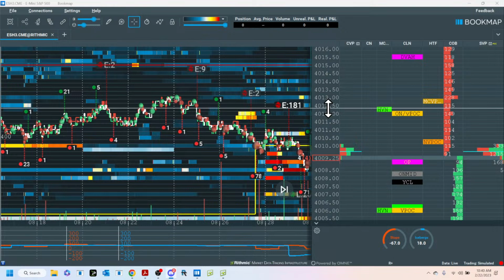So we had sellers in the ETH, but the volume on the low end of the ETH was light, which means, and in profile world, if the volume tapers off as the market moves lower, that means the price might be getting too low. And then the price comes back up and rotates at a higher level. That is suggesting potentially that shorts were covering in the ETH. So far, you guys with me?